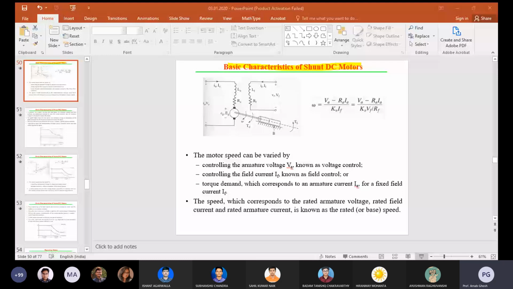For the DC series motor, that reverses the flow of current through the motor field winding, which can damage the field of the motor. So you have to connect the changeover switch. Here the changeover switch is there.